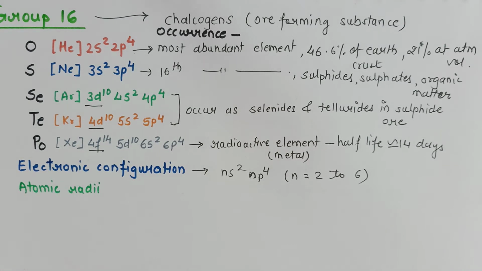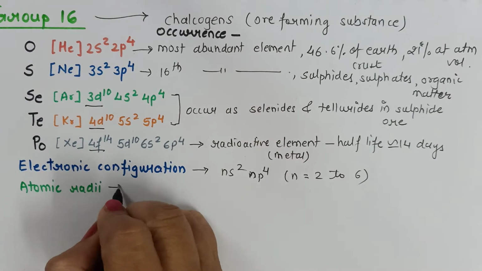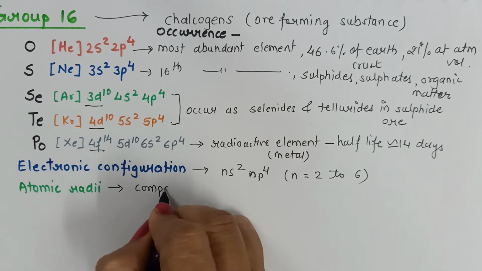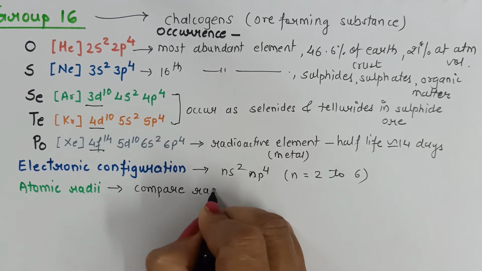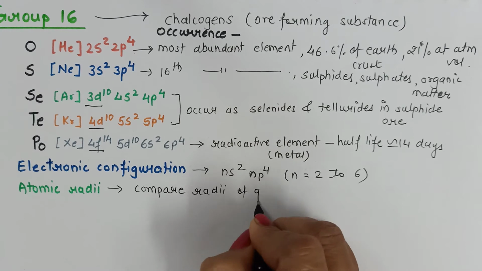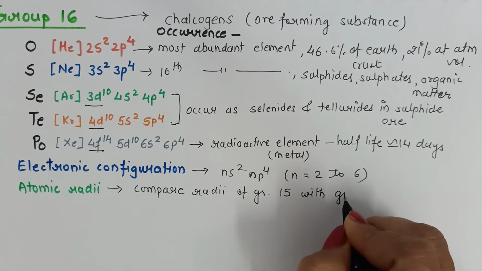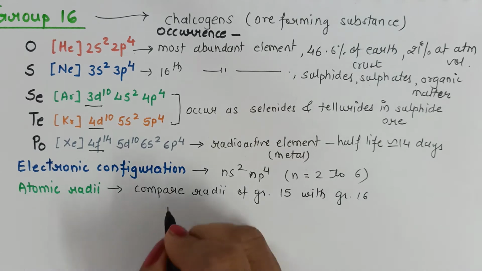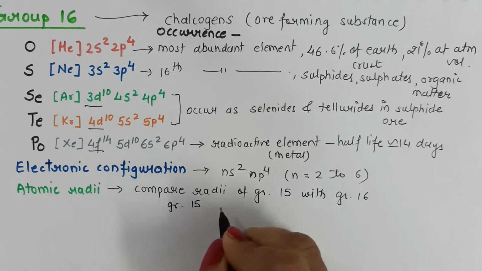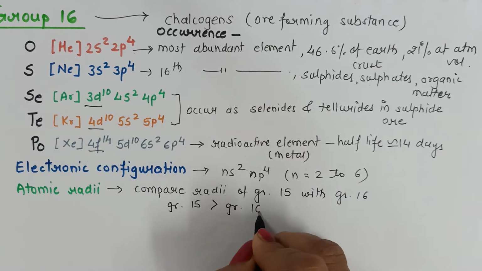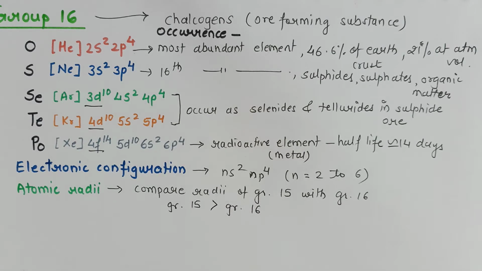The next trend is atomic radii. Now if we compare the radii of group 15 elements with group 16, then we'll find that the atomic radii of group 15 elements is larger than that of group 16, because we know as we move from left to right in a period, the atomic size decreases.